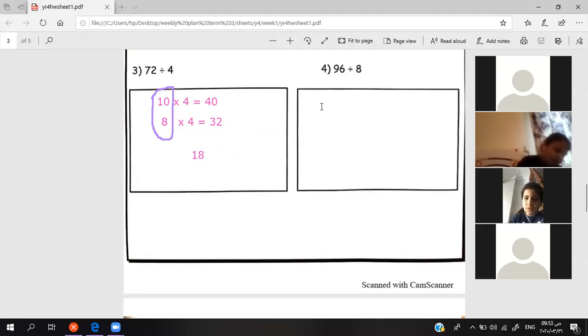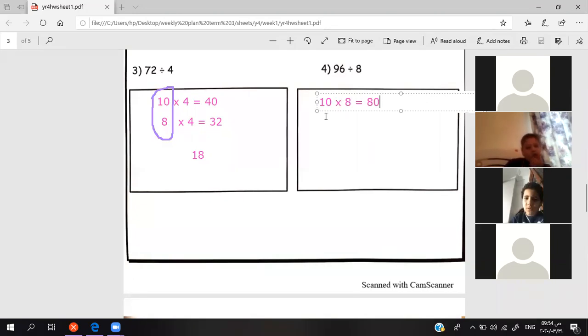You use long division only if he asked you. So if he asked you divide the following using long division, you make the way that we made in 1 and 2. If he didn't, you can just do it this way if you prefer. You do it the way that you like. Let's do 96 this way. It's 10 times 8 gives me 80.